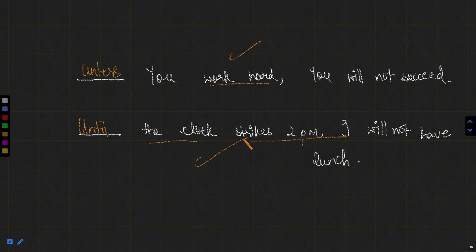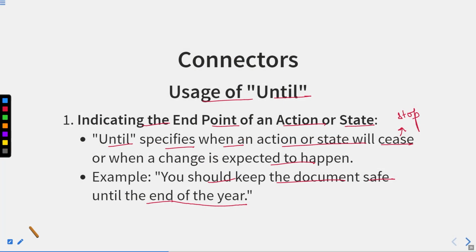Now if I say unless the clock gets repaired, it will not give proper time, or everything will not be normal. There we write unless, because there is no time limit for the clock to get repaired. The difference in both words is that unless is situation bounded, whereas until is time bounded.